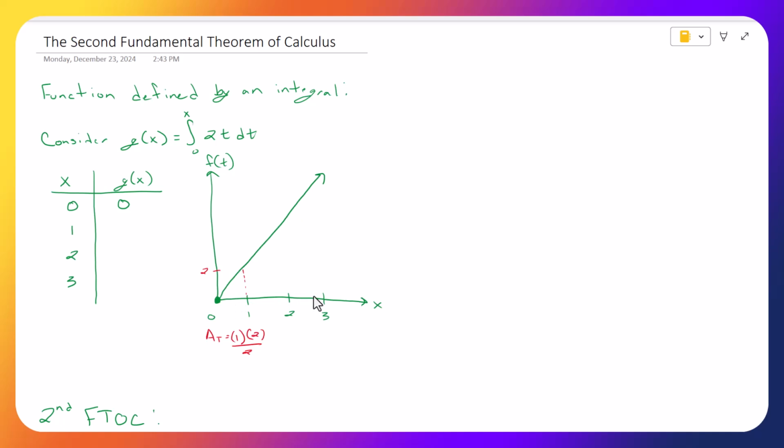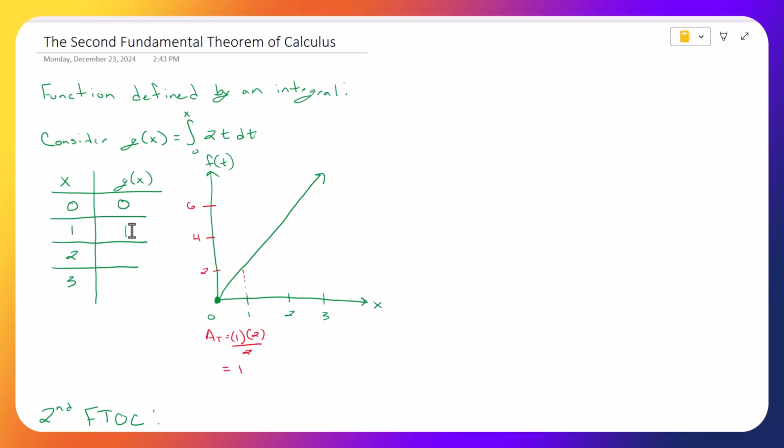So for every 1 we move here, we're moving 2 there. I'll go ahead and write this 2, 4, 6. And so the area of this first triangle is 1 times 2 divided by 2. That equals just 1. So when x is 1, g of x is also 1.